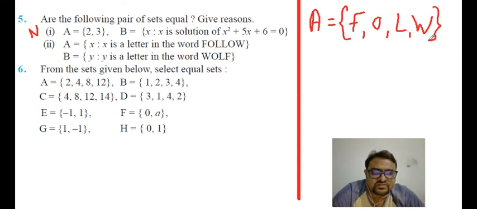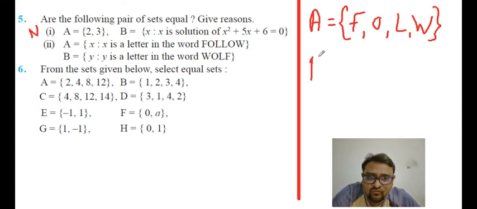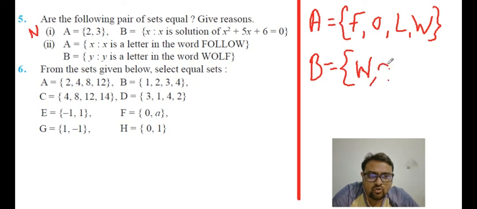Remember the definition of set: elements enclosed in a curly bracket separated by a comma. Now B equal to y such that y is a letter in the word wolf. So B is {W, O, L, F}.